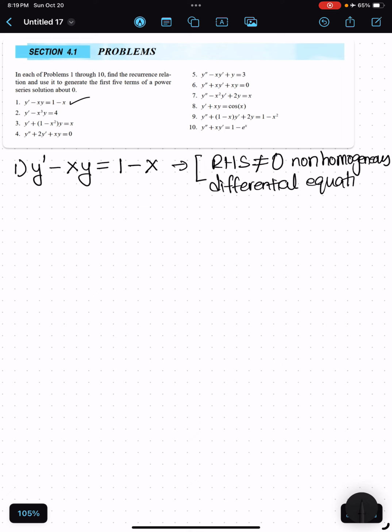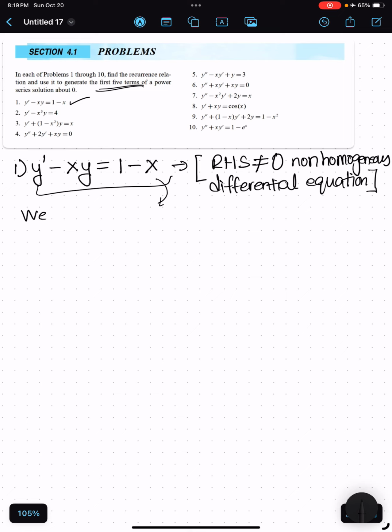And we want to generate the first 5 terms of this non-homogeneous differential equation. To do that, we will use our power series. So that means we need to transform this into a power series solution. All right, so how do we do that?